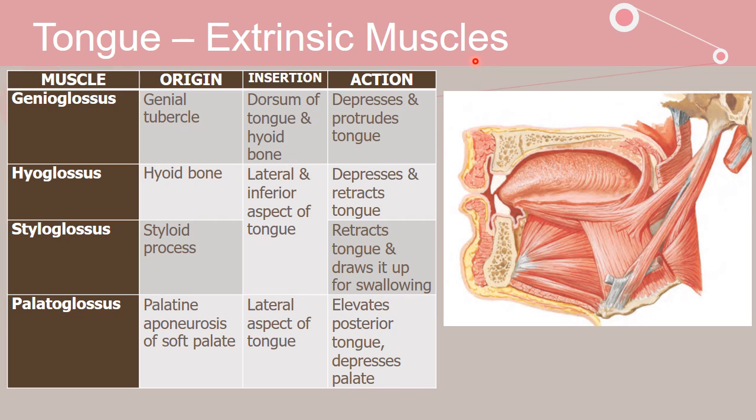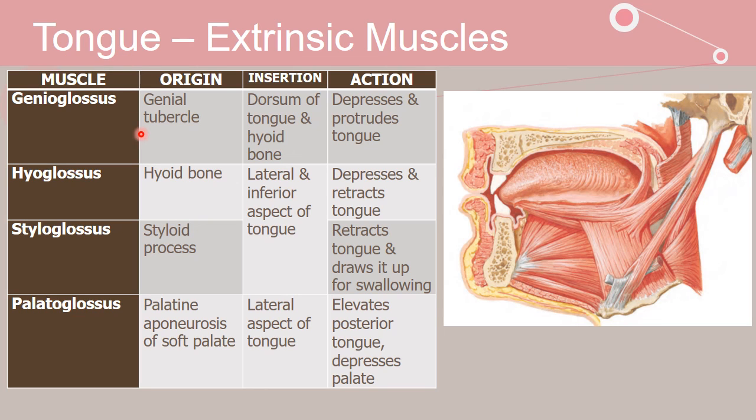Extrinsic muscles are responsible for moving the tongue. We have four. All of them use the suffix glossus. This suffix is used to refer to the tongue.